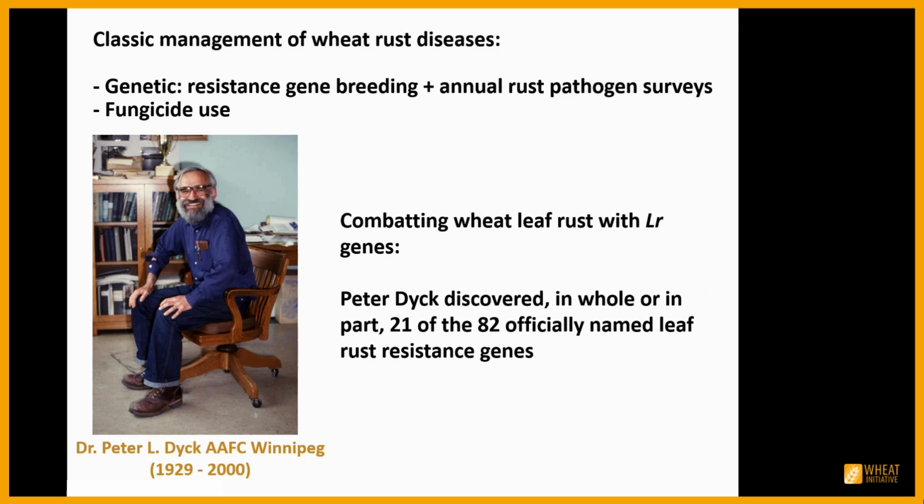So it's sometimes tricky to estimate exactly how well the resistance in our wheat cultivars works for leaf rust disease. Many genes have been discovered, and I'll put in a little plug here for the late Peter Dick, who discovered a lot of the genes for leaf rust.